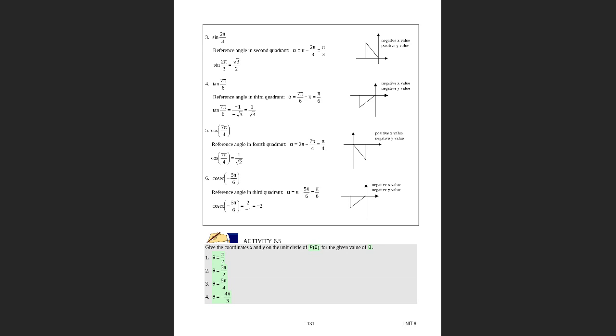Please, what do you understand by a unit circle? Who can give me a meaning when we say a unit circle?